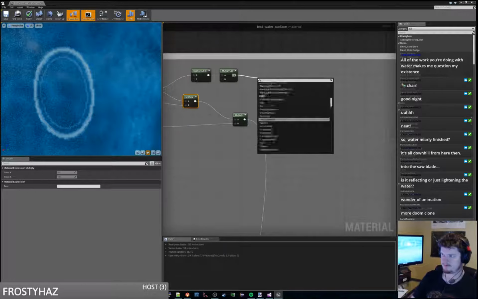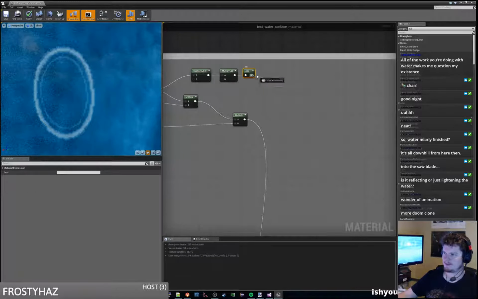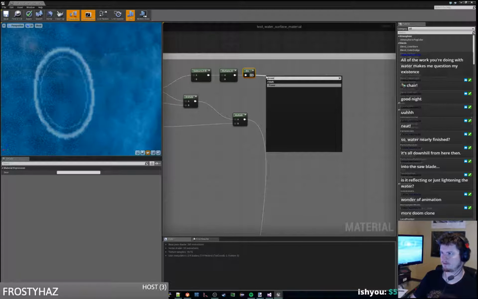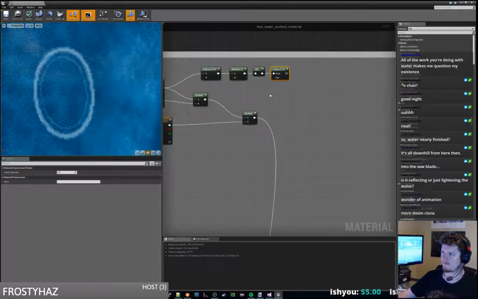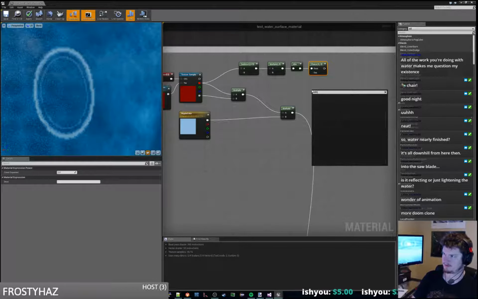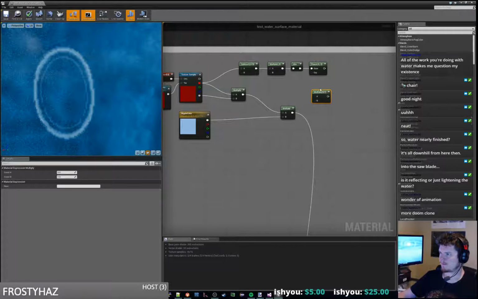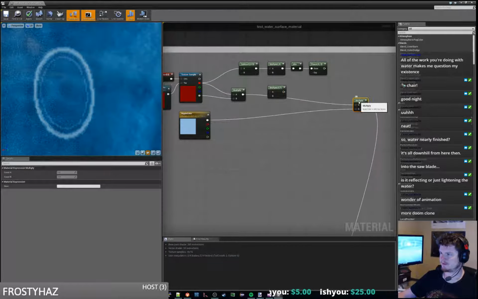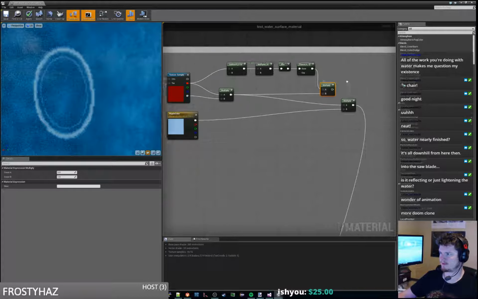Take the absolute value of it, and then we need a power of it. And then we need to multiply it into this value. So we mask it out, and then we multiply this thing out by another thing.